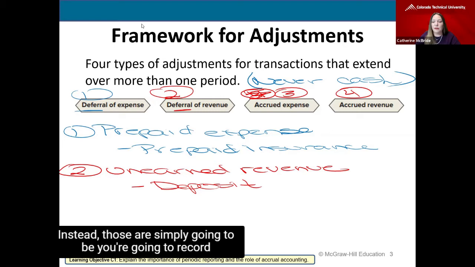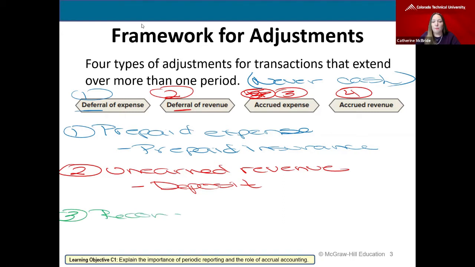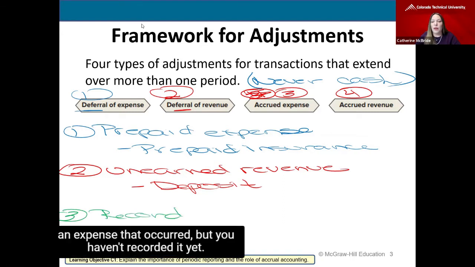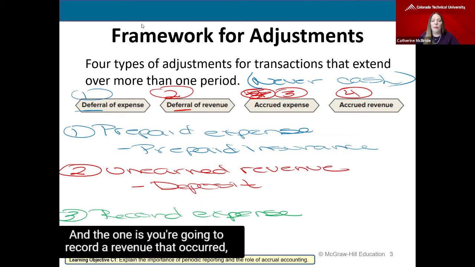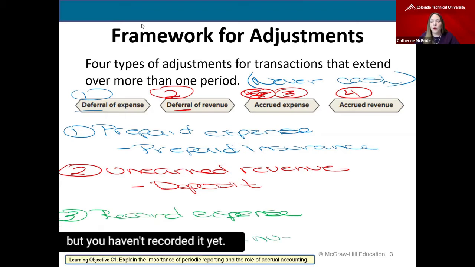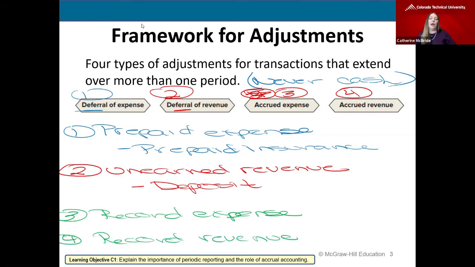Instead, those are simply going to be, you're going to record an expense that occurred, but you hadn't recorded it yet. And the fourth one is you're going to record a revenue that occurred, but you haven't recorded it yet.